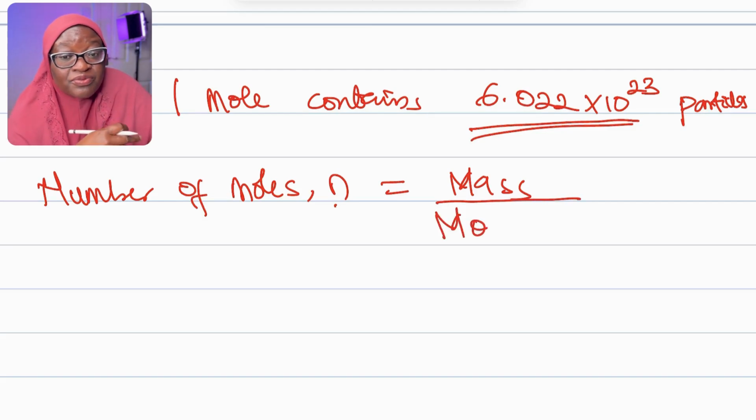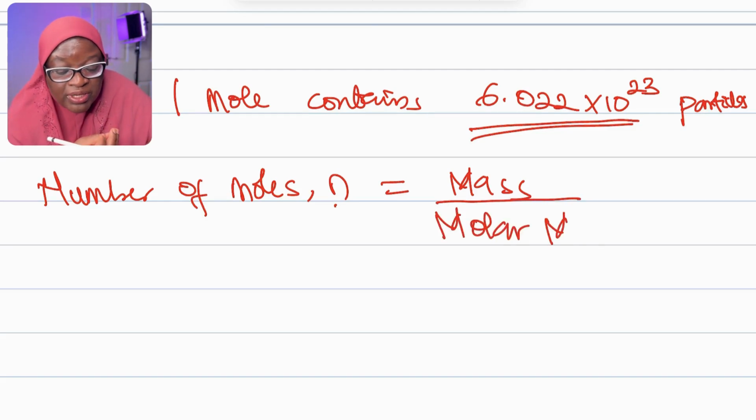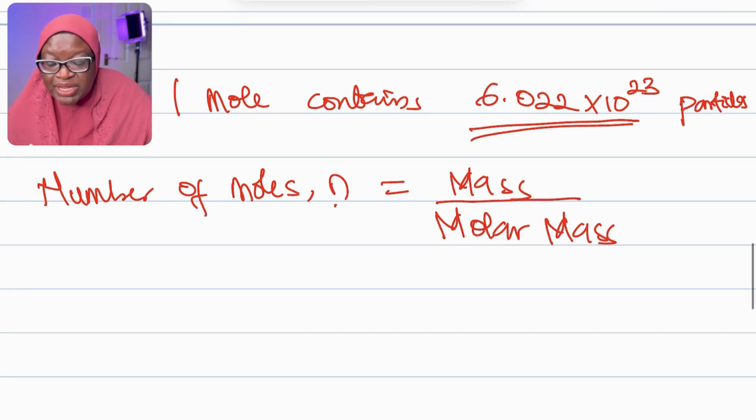Remember, we've just learned how to calculate the molar mass. So if you know the mass of a material and you calculate the molecular mass like we just did using the atomic masses of the atoms that make it up, then you can find the number of moles.